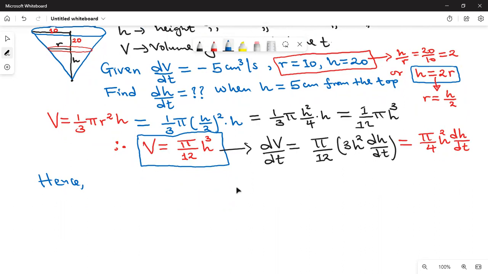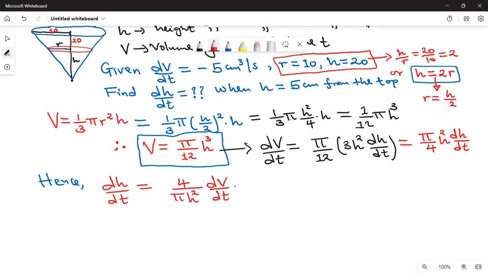That means I divide by pi over 4 times h squared. So hence we can now write that dh/dt is equal to, when you cross multiply, 4 over pi h squared times dV/dt.